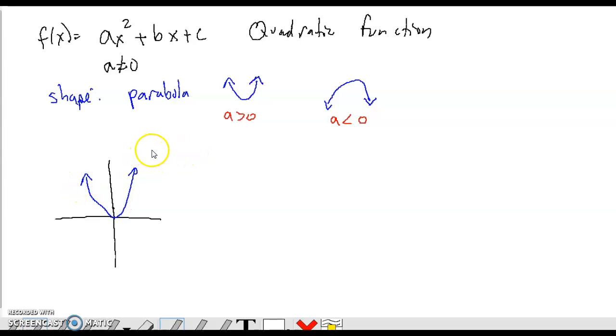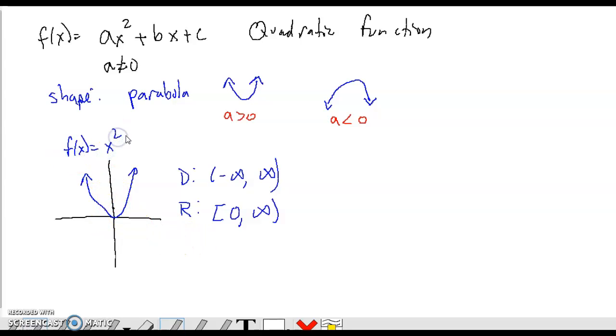This would be an example of just the general form. We're not shifting left and right. We're not shifting up and down. Your domain on this would always be all real numbers, and your range would be 0 to infinity, because it looks like it's crossing your 0. This would be an example of just f of x is equal to x squared.